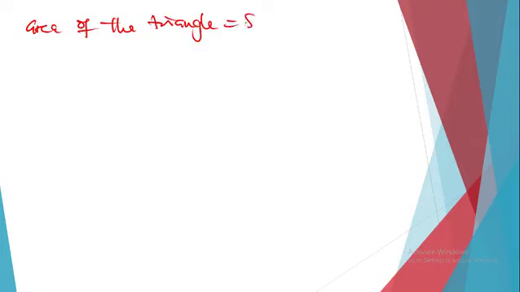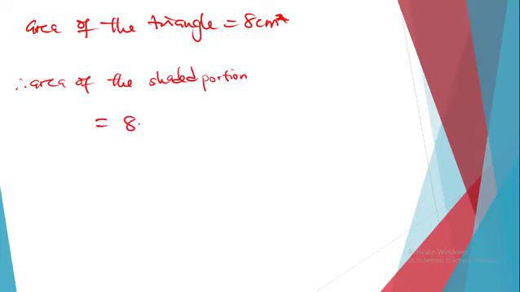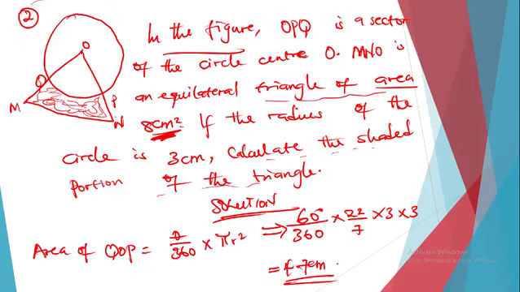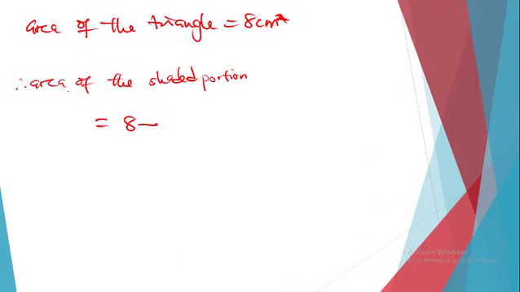Therefore, the area of the shaded portion is equal to 8 minus the value we got here, which is 4.7. 8 minus 4.7 will give us 3.3 cm squared as our answer.